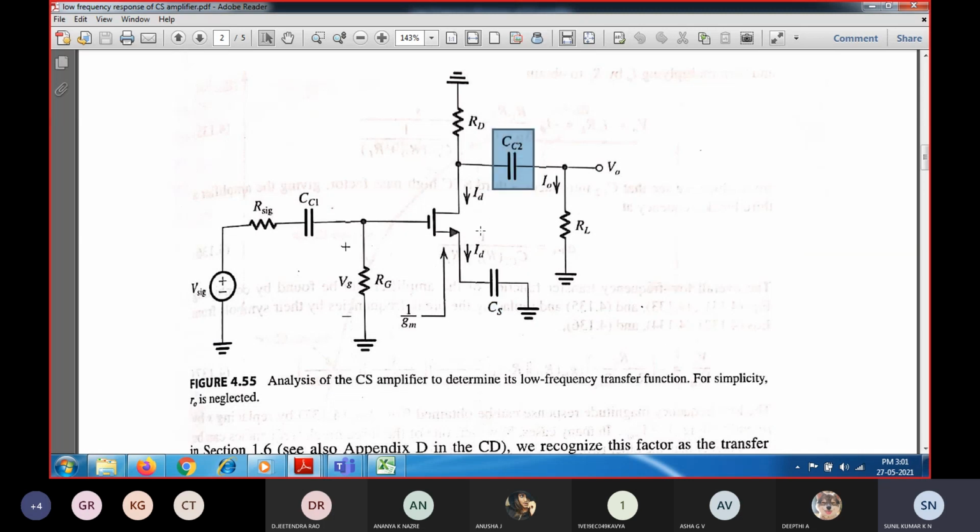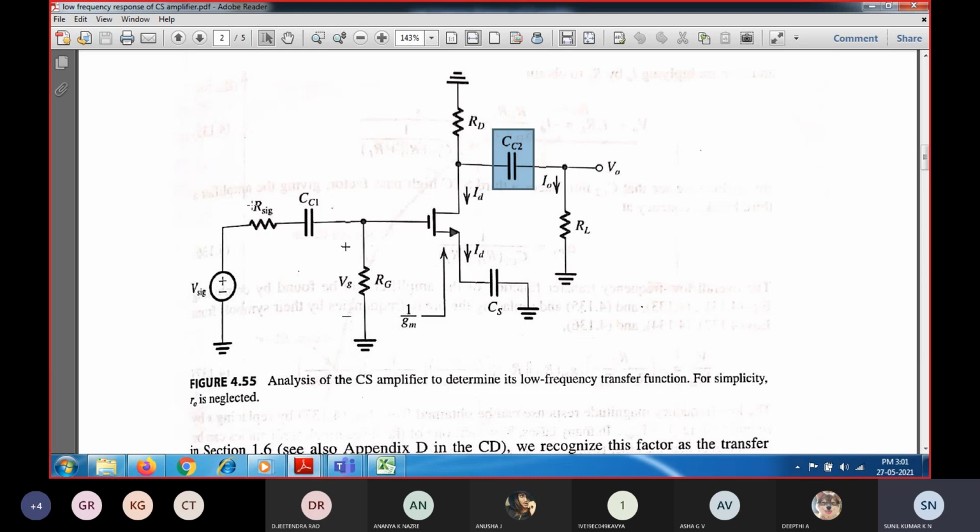So at each of the terminals you are going to have a capacitive effect. These capacitive effects we need to take into single time constant networks, and then we need to do the corresponding analysis.